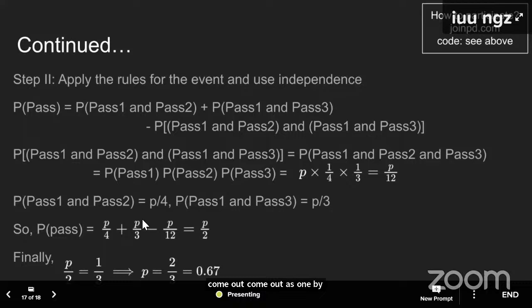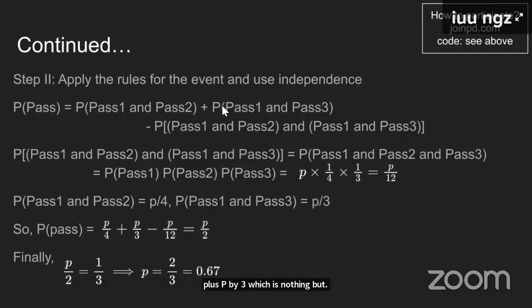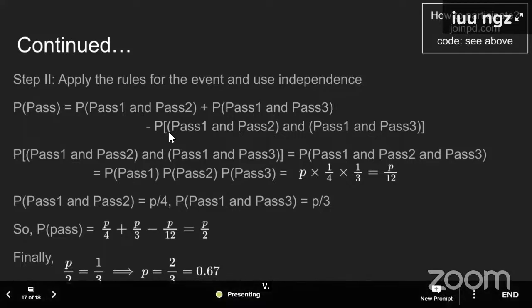Now you just solve for P by 4, that is probability that the student passes section 1 and section 2, plus P by 3, which is probability that the student passes section 1 and section 3, minus probability of student passing section 1 and section 2 and section 3, which is P by 12.